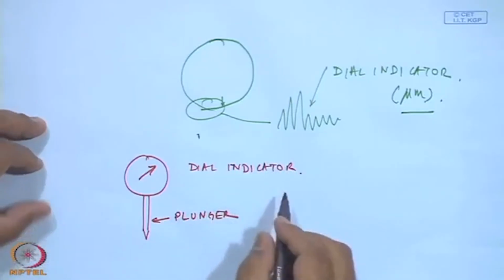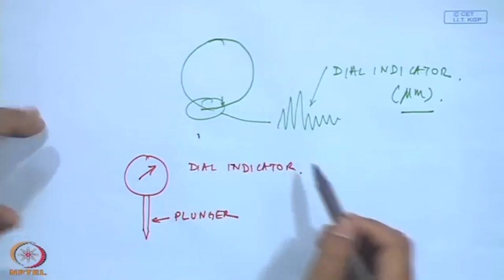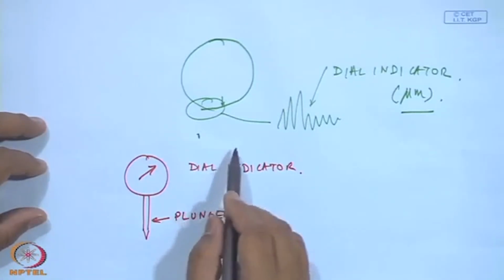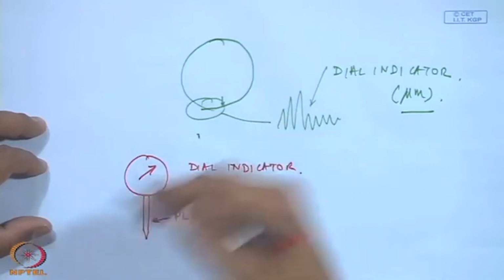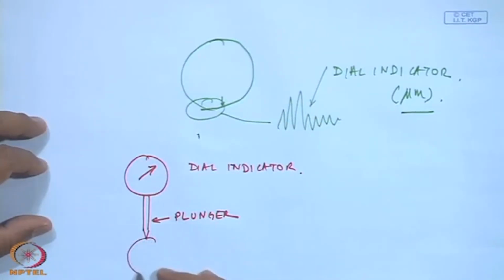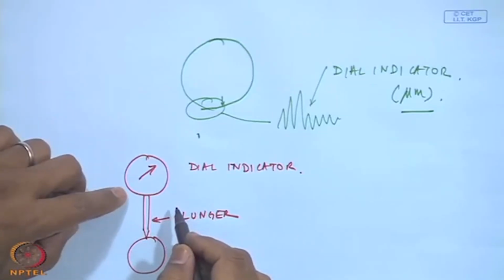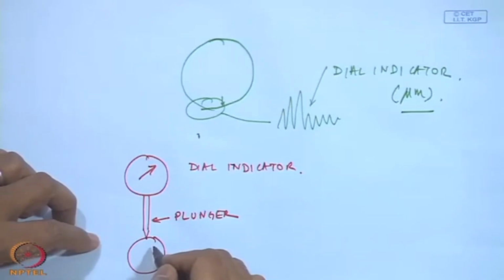So, as you will intuitively see that if the motion is very slow, almost close to static, I can use a dial indicator to see the displacements. But imagine if the bearing or the rotating shaft was moving at a very high speed, because of the inertia in the plunger, this plunger is not able to respond to quickly changing stimulus.